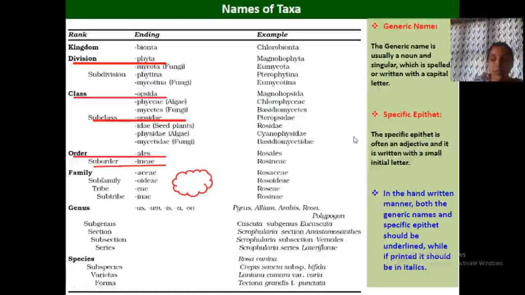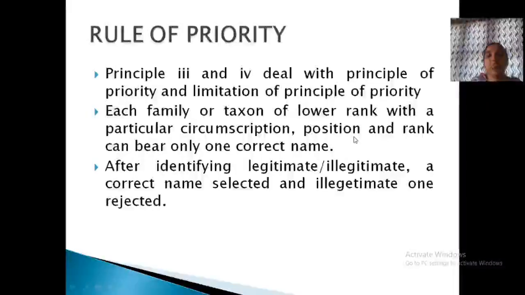Clear? Now, let us move on to the second chapter of the rule, that is the rule of priority. You know the term itself, priority. Priority means a first consideration. Here priority comes under principles 3 and 4, and there are also limitations of priority.